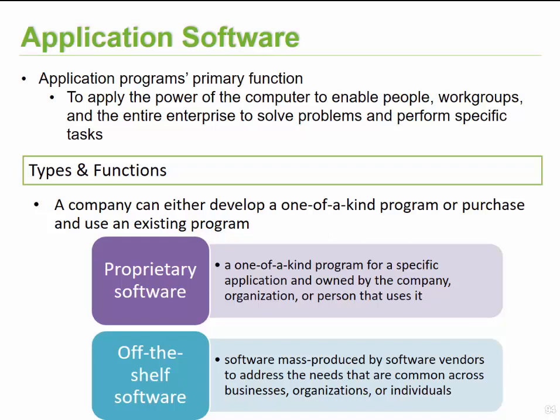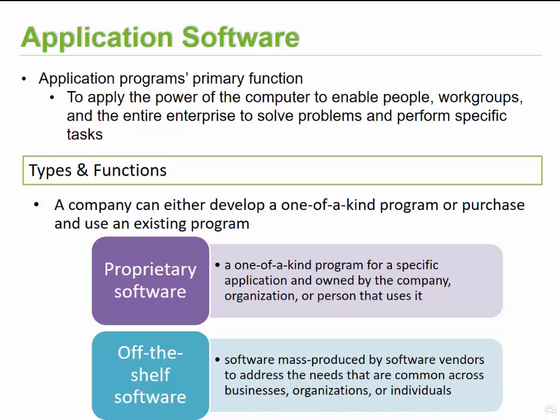Now let's look at the types and functions. Companies can decide to either develop their own programs or to purchase existing programs. If they develop their own programs, this is typically known as proprietary software, where you develop a one-of-a-kind program for a specific application and purpose, and that program will be owned by the company, the organization, or person that uses it.